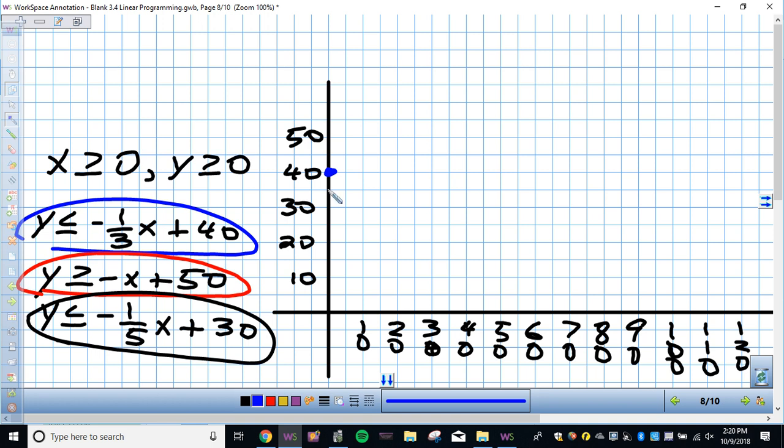So we're going to count down 1 square, 1, 2, 3, and then I'm going to count all the way down to the x-axis. Okay, so just do that.